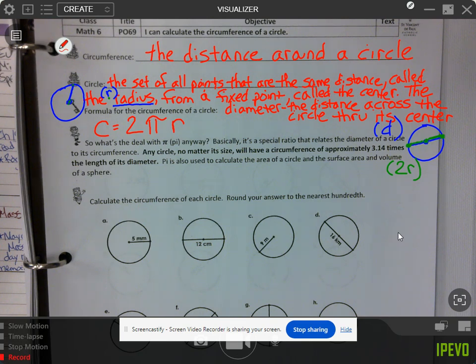So if we're given a diameter, they didn't tell me the radius. Uh-oh. What am I going to put in my formula? If I have a diameter of 16, what would I put in there? Give it a quick moment to think about it.